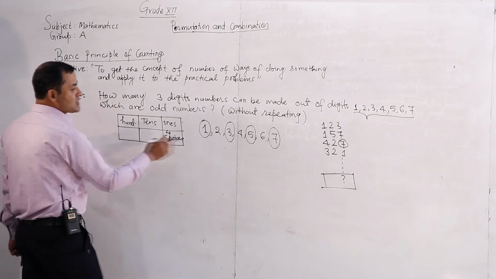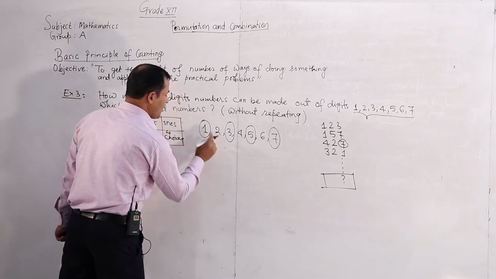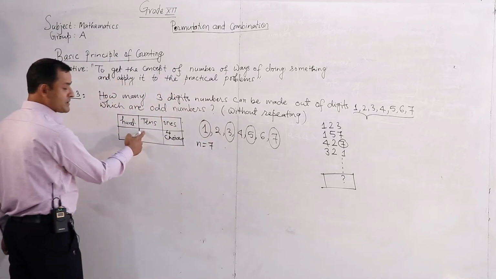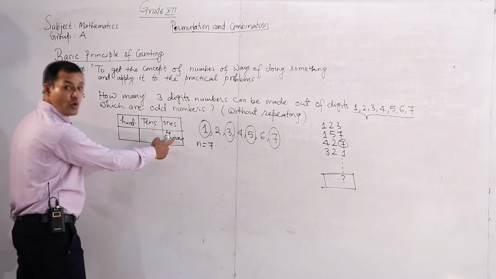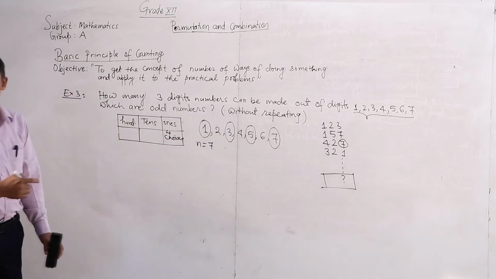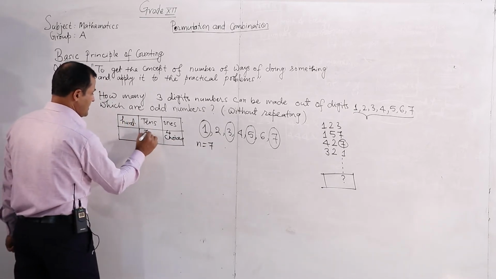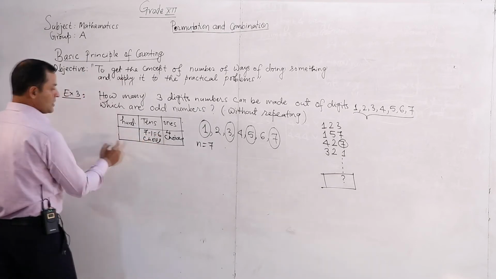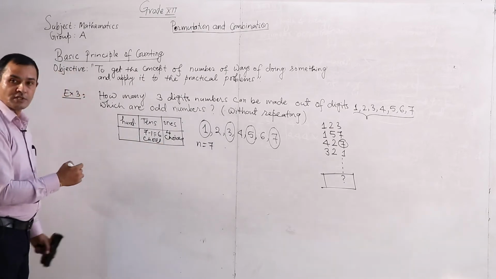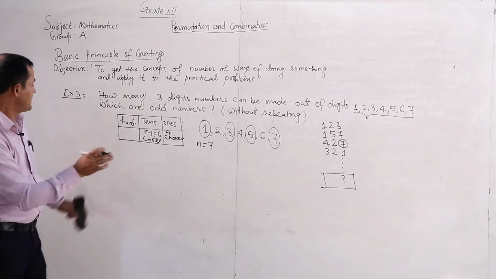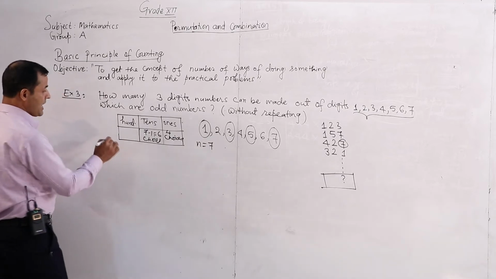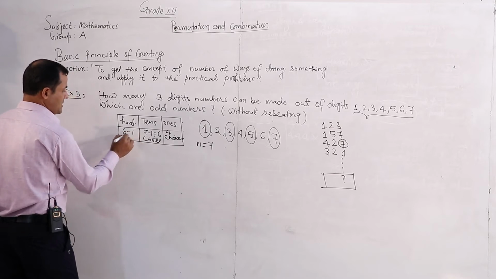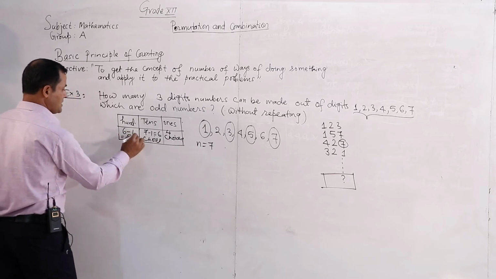Altogether we have 7 digits, so n equals 7, and you need to subtract 1 because one digit has already been used and cannot be used again. That's why 7 minus 1 equals 6 choices. Again, 2 digits are already used in the ones and tens places, so in the hundreds place the choices left are 6 minus 1, which is 5 ways.